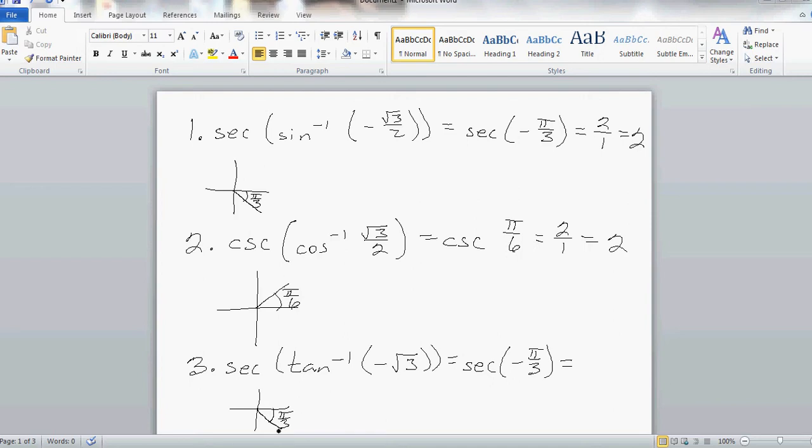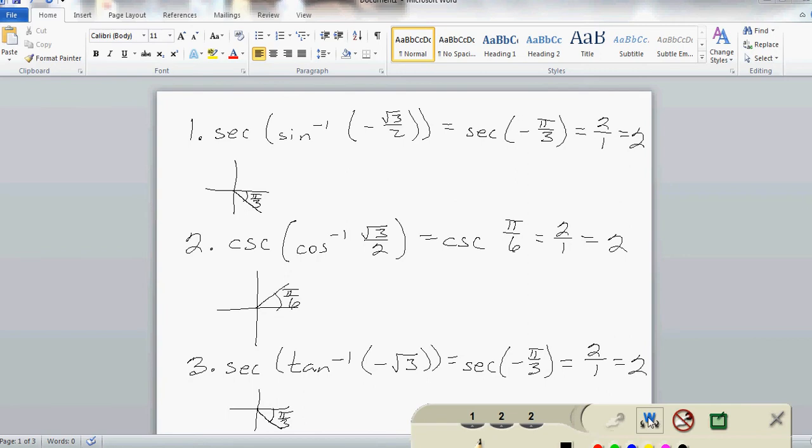Cosine down here is positive, so we know our secant is positive, and then we need to ask ourselves, what is the cosine of pi over 3, and that is 1/2, and so we need the reciprocal of that, 2 over 1, which equals 2. Now of course, if you remembered back up here to example number 1, once we got to this point, we would immediately know the final answer is 2.